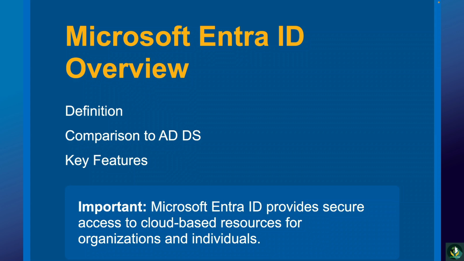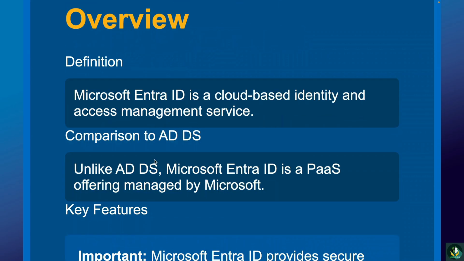As I've said, Microsoft Entra ID serves as a robust cloud-based identity and access management service. The platform offers a suite of features designed to enhance security and streamline user authentication processes. Microsoft Entra ID differs significantly from Active Directory Domain Services.